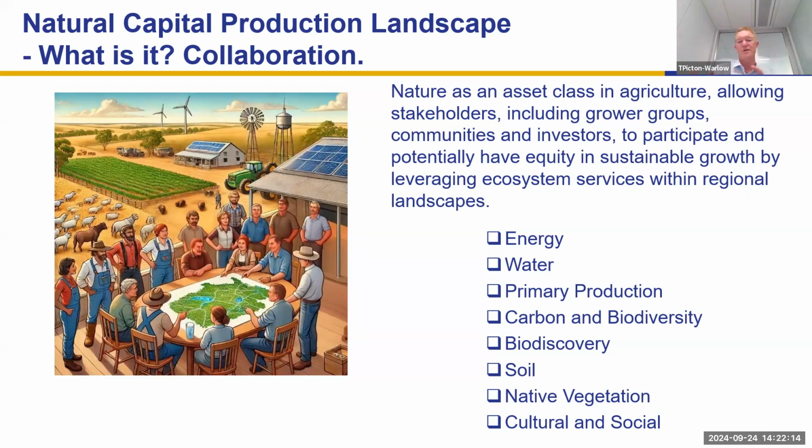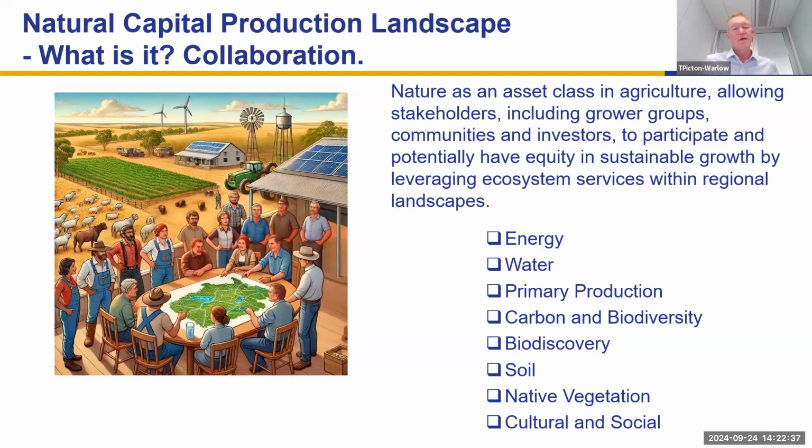And to that, you can include energy, water, primary production, carbon and biodiversity, biodiscovery, soil, native vegetation, cultural and social benefits. So it's a really exciting thing. Of course, it may not be achievable for everyone, but that's the purpose of this project, to research that and to check what people's thinking is and their level of interest.